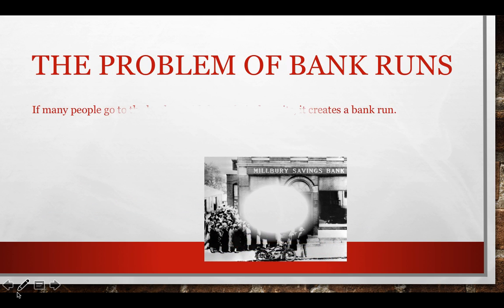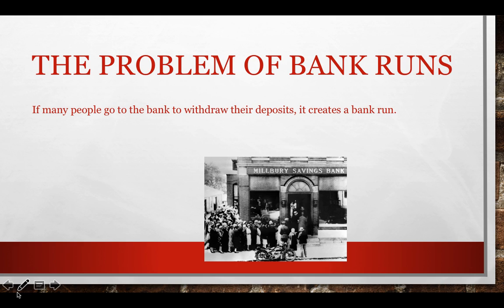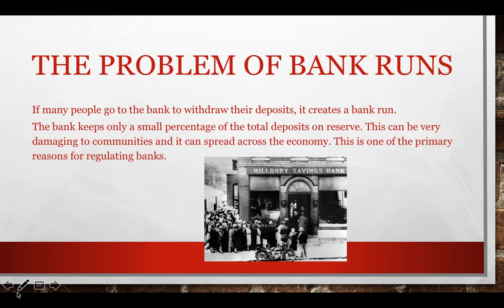So the problem of bank runs. A bank run is when everybody wants to go to the bank at the same time and get their money out. This is going to cause a problem because, as you saw a minute ago, banks don't have all that money on hand. Banks only keep a small amount of the deposits.